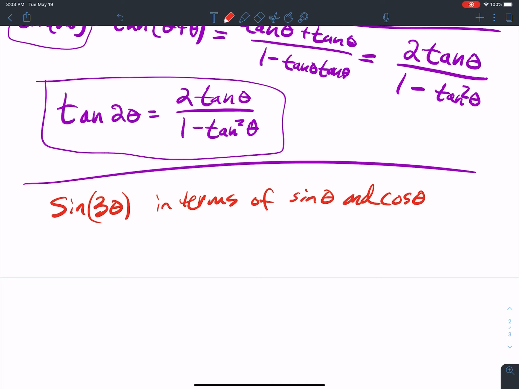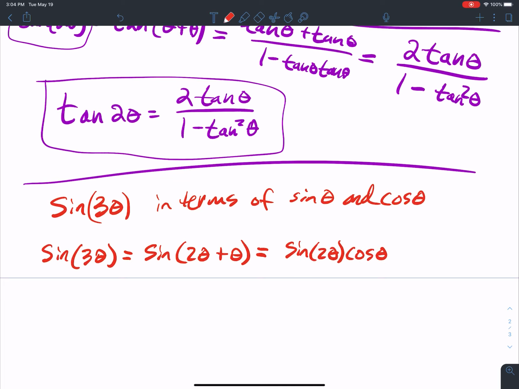Well, I can use my double angle formula. So sine 3 theta equals sine of 2 theta plus theta, which is equal to sine 2 theta cosine theta plus cosine 2 theta sine theta.